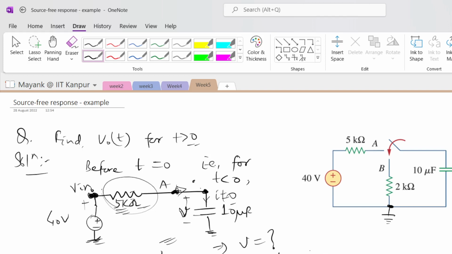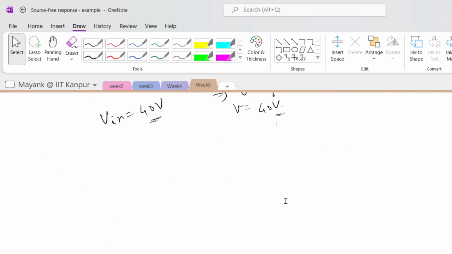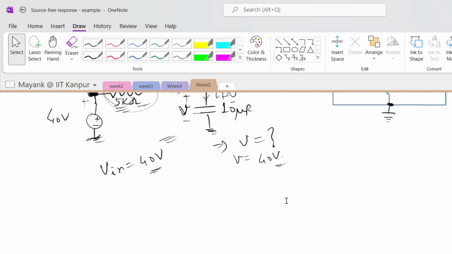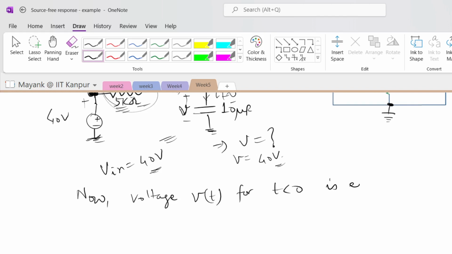So the voltage V of t for time t less than 0 is equal to 40 volts, right?